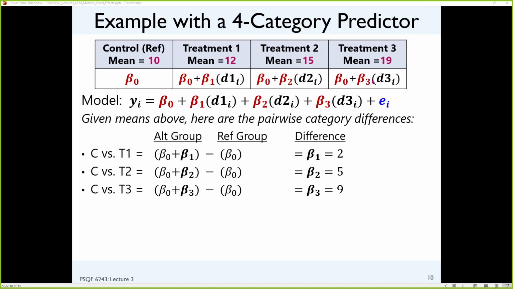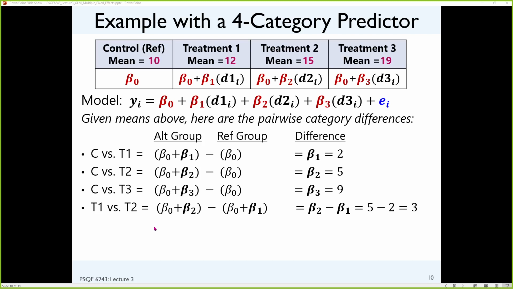The model parameters are all oriented towards the reference group, what its mean is and how the other groups differ from it, I should say, as a reference. So this same logic of how we got the differences for the first 3 works to get the differences between the alternative groups. So if I have an alternative group of treatment 2 minus the mean for treatment 1 as my reference, then it's beta 2 minus beta 1 that I need to ask SAS, Stata, or R to do for me.